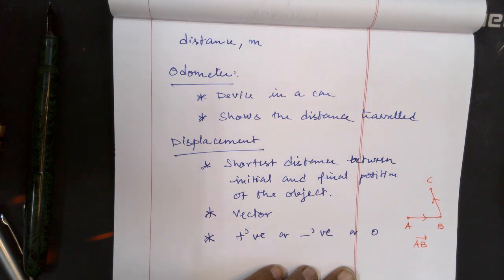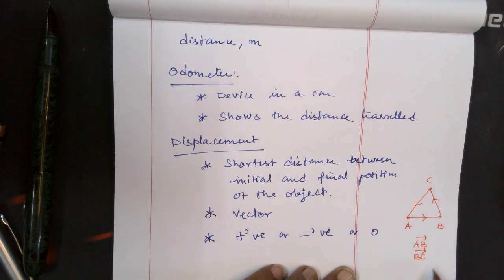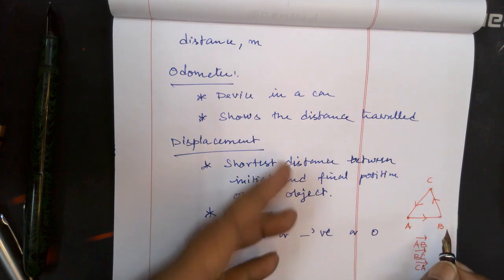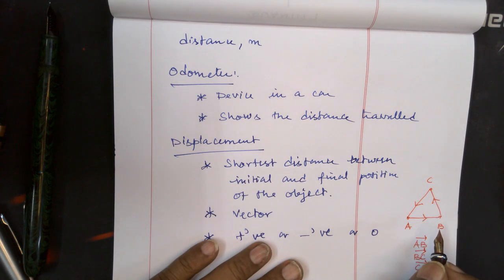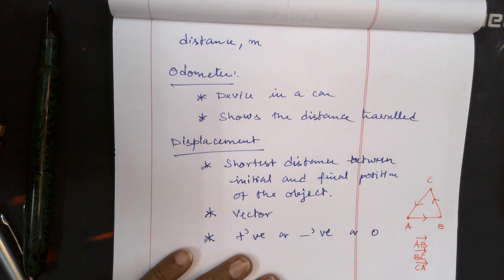BC is the second displacement, so that can be represented by the BC vector. Now it comes back to the original position A. So this is called the CA vector. Now what is the net displacement? It becomes zero, because we have reached the starting position. So finally there is no net displacement.